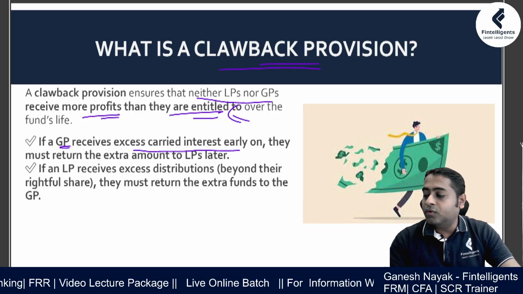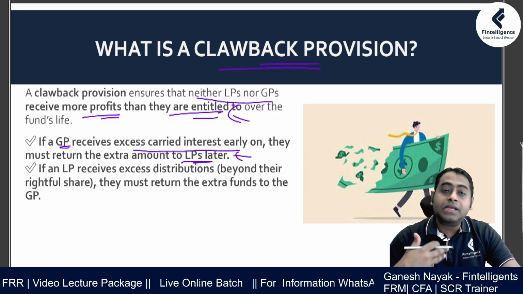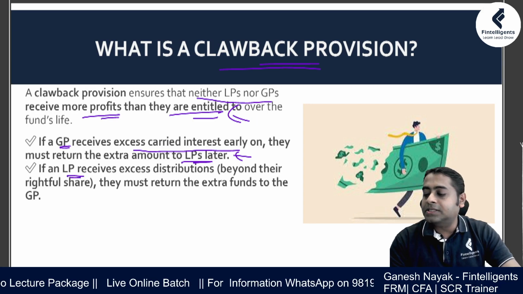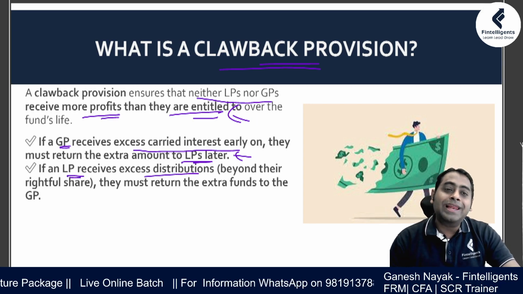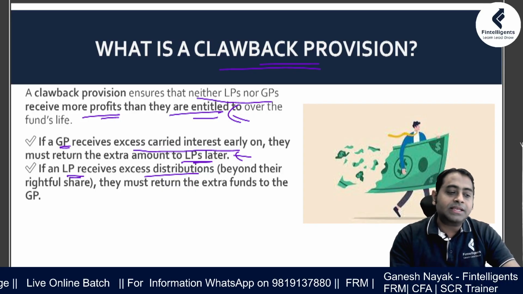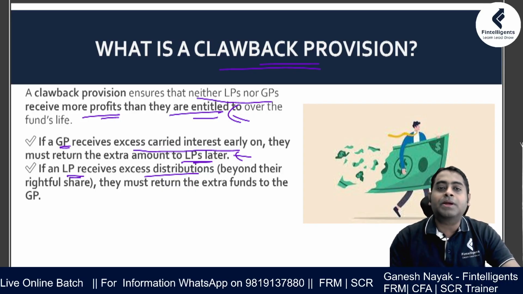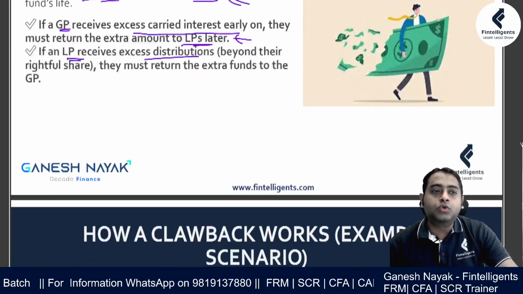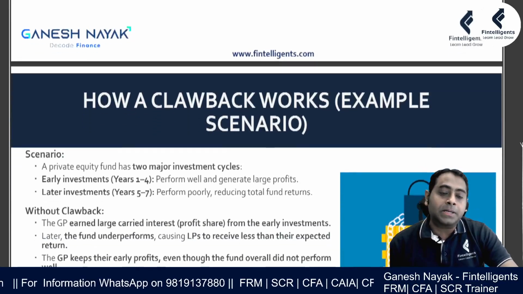Okay, so LP will have to collect that money later on, which is an operational challenge. Correct. Similarly, if you disburse more money to LP initially, then they will have to return it. So to avoid all of this, you create an escrow account, you transfer the money, and through that you make payment, so that both the parties do not receive excess amount immediately.